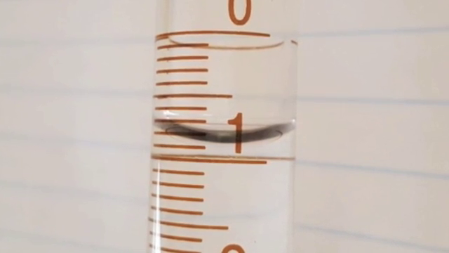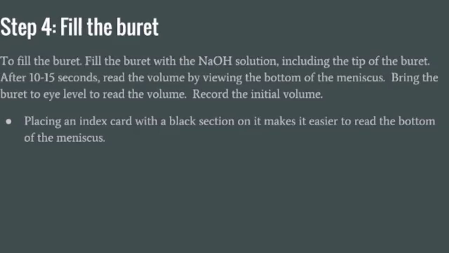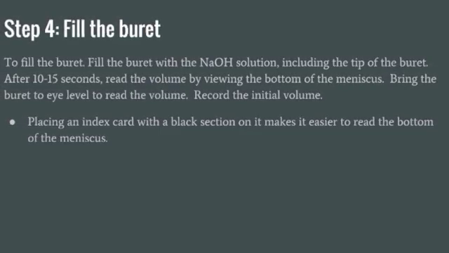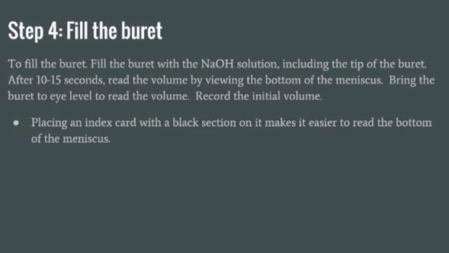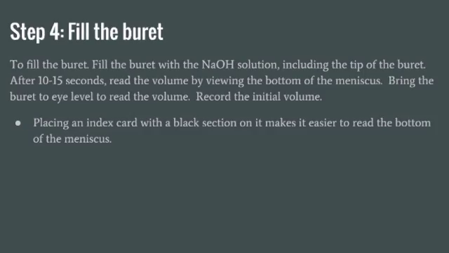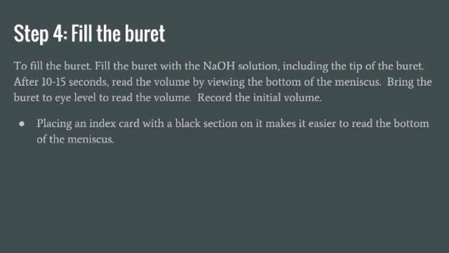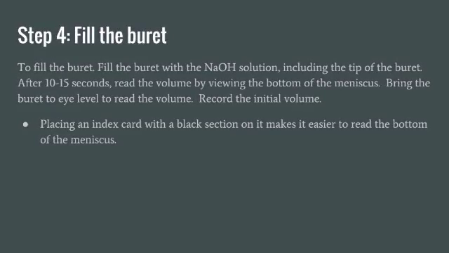Be sure to be reading it at eye level so you're not inaccurately reading the volume, and record that volume. It's also easier to see how high the meniscus is by placing an index card behind the burette to clearly see it.